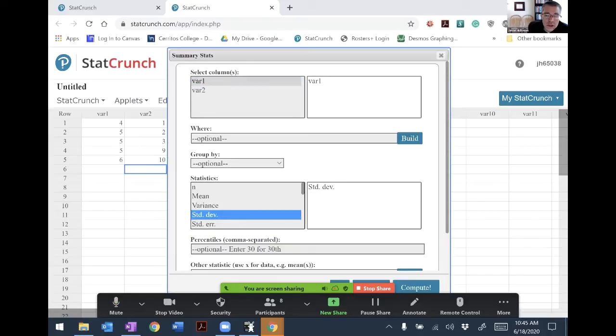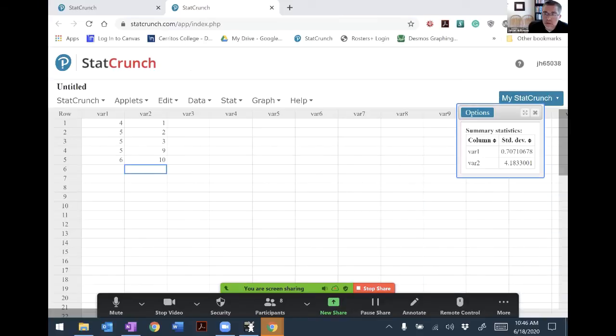If I want to do both at the same time, I can hold down Control on my keyboard and highlight both var 1 and var 2. But you can also do them one at a time. I want to calculate the standard deviation for both of these, and I'm going to click Compute.